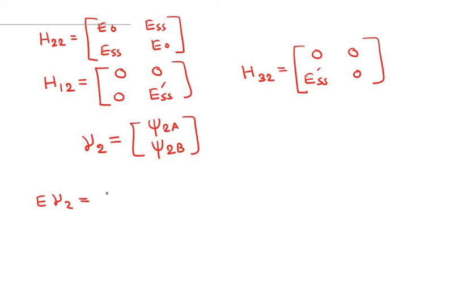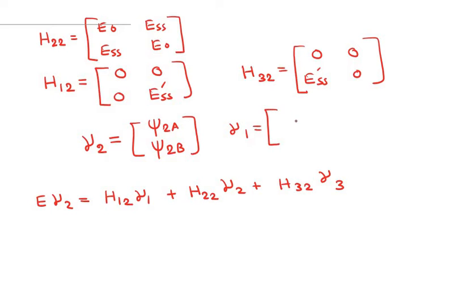E gamma 2 is equal to h1 to gamma 1 plus h2 to gamma 2 plus h3 to gamma 3, where gamma 1 is basically psi 1a, psi 1b, and gamma 3 is basically psi 3a, psi 3b.